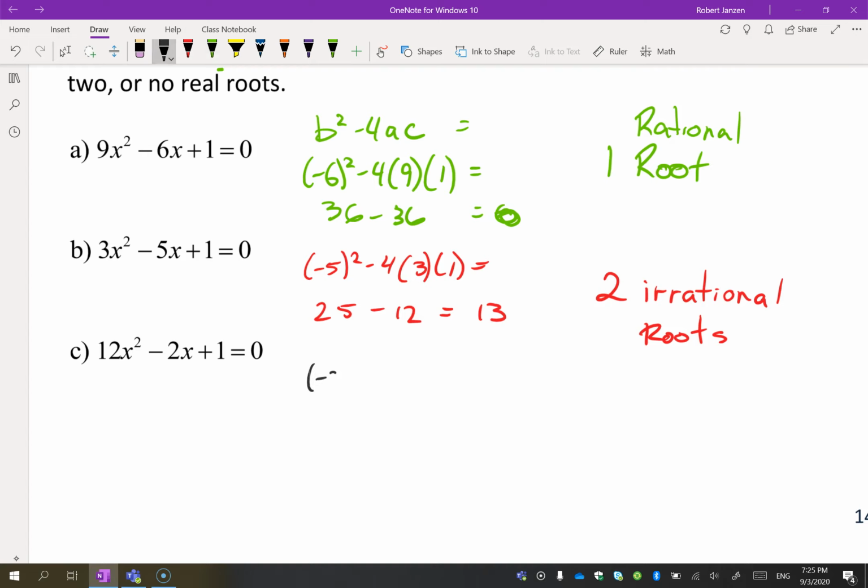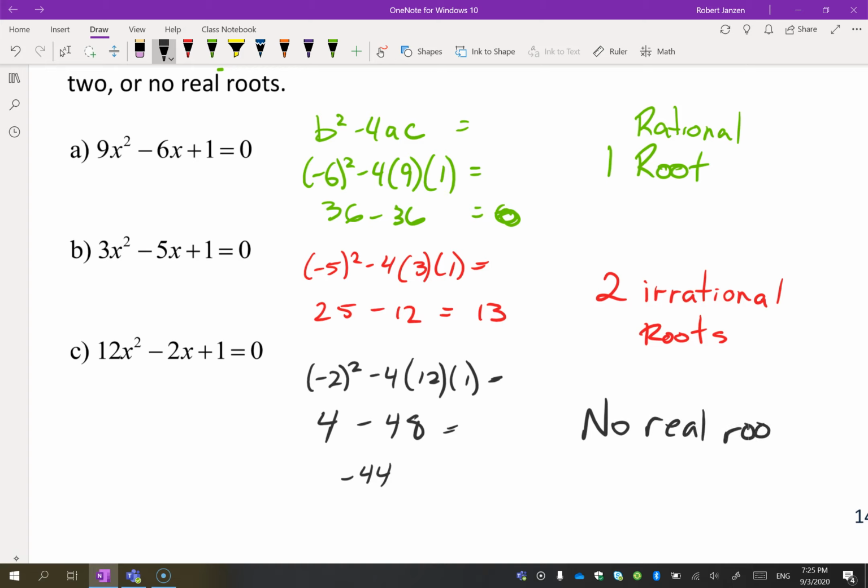Let's try this one. Negative 2 squared minus 4 times 12 times 1. So this is going to be 4 take away 48. So this is negative 44. This means no real roots.